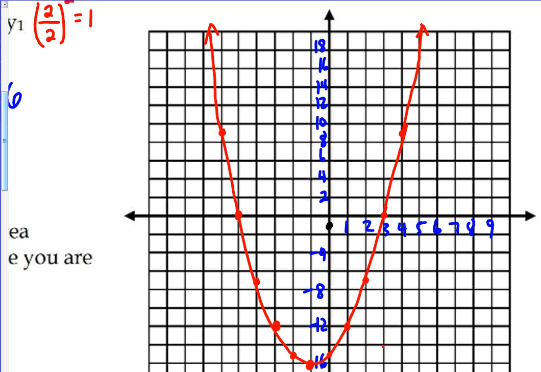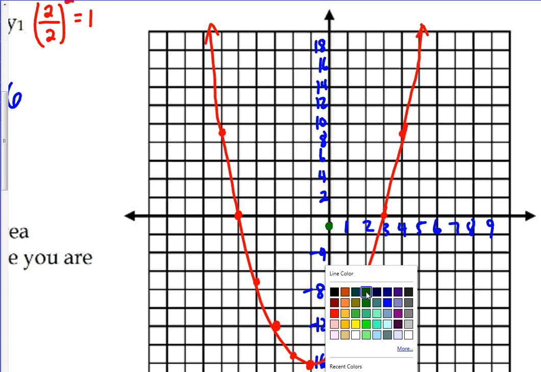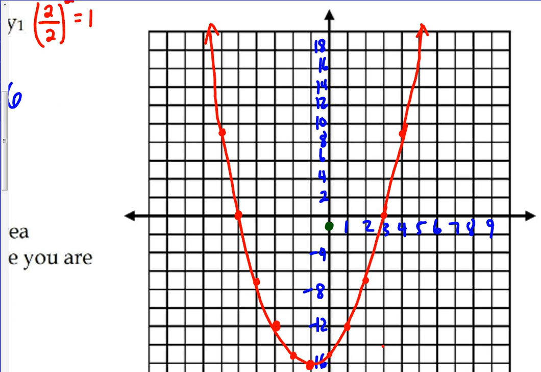Maybe I'll use green. What's better? Blue, maybe? No, not blue. Green. Let's use green. Maybe a darker green. Okay? So negative 1. So when I go up, my slope is how much? Is it equal to negative 2 or positive 2? Negative 2. So I'm going down 2.